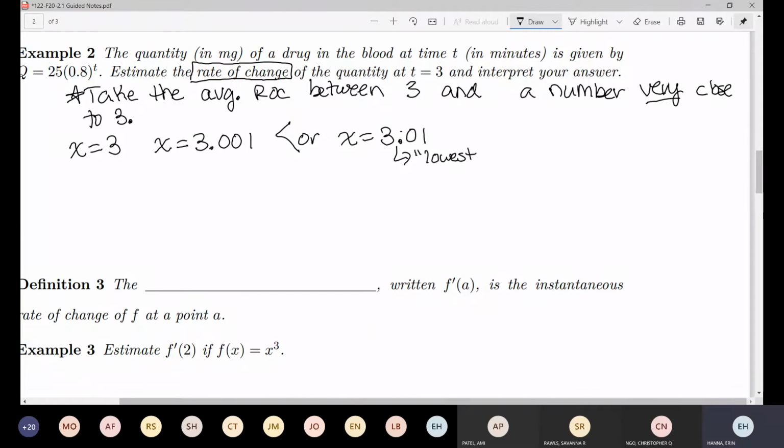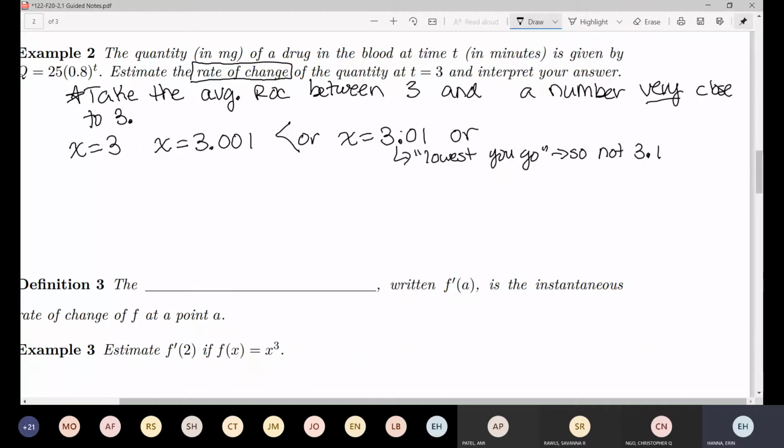Maybe I shouldn't say lowest. So not 3.1 is what I'm trying to say. So essentially, when I say obnoxiously close, I mean obnoxiously close. So 3.1 is actually slightly farther away than we want to take it to be. So essentially, the closer you get, the better. So 3.01, 3.001 are kind of the two best options here.